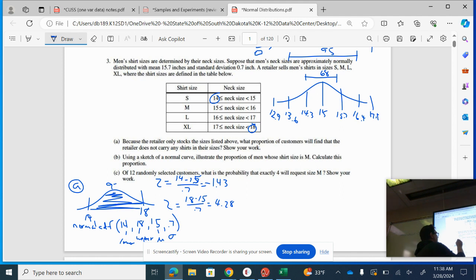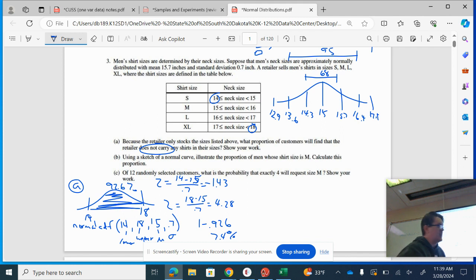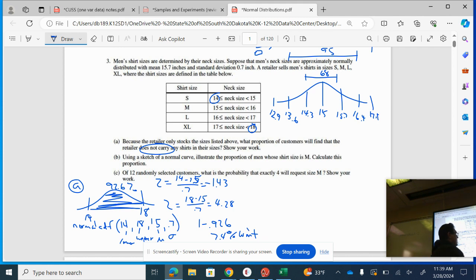But it does say what won't carry their shirt. So you take 1 minus the 92.6, and you get 7.4% or 7.6% with the other value. When you round stuff, sometimes it falls off, but it's got to be about 7.5% won't have a shirt.